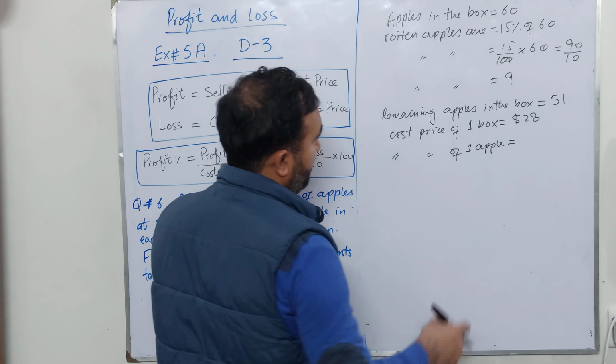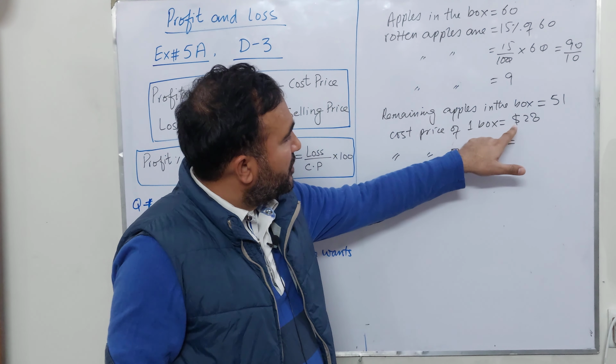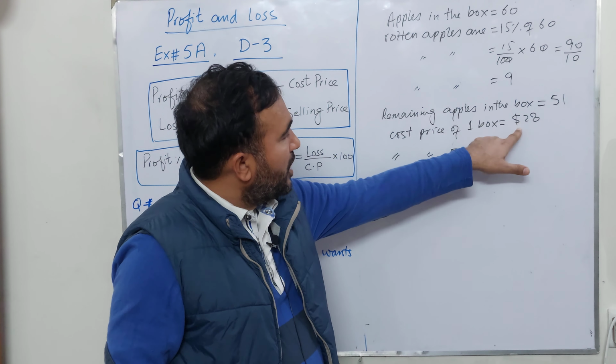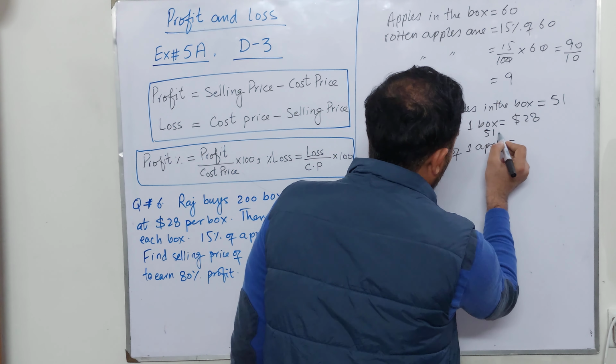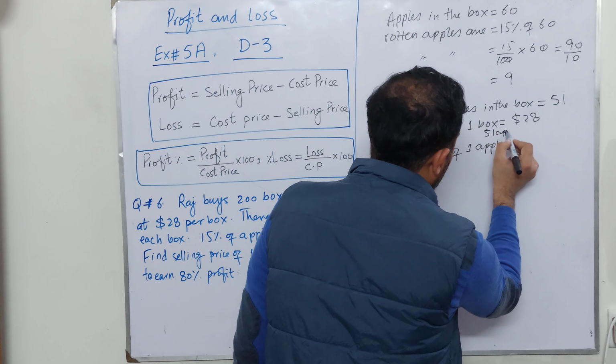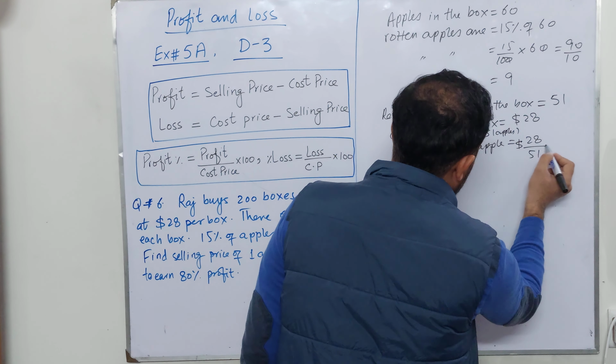Look, this one box contains 51 apples, so cost of 51 apples is $28, right? So one box means 51 apples. So now cost price of one apple will be 28 divided by 51, right?